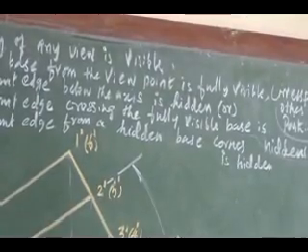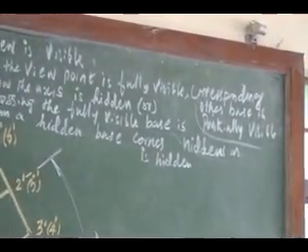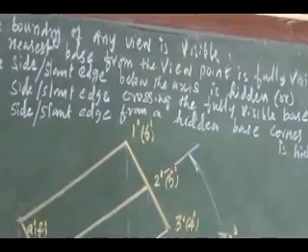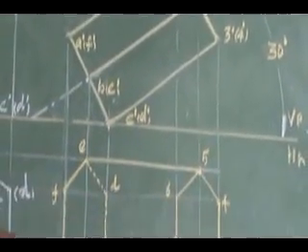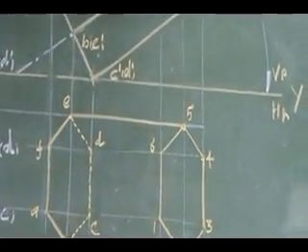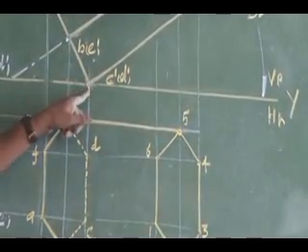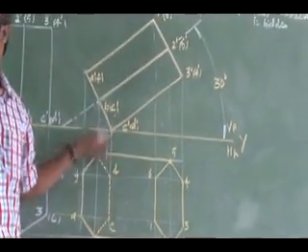Right. So which is a hidden base corner here? Hidden base corner, you see, I have two bases. So one of the base corners, CD is the base corner which is hidden for me.